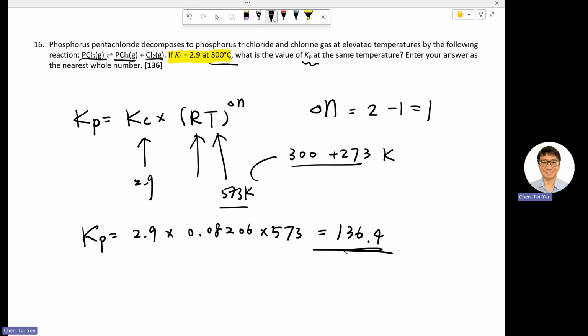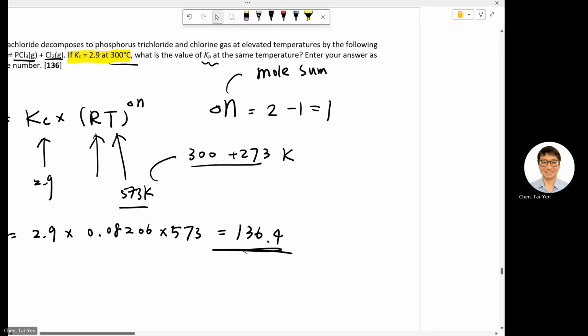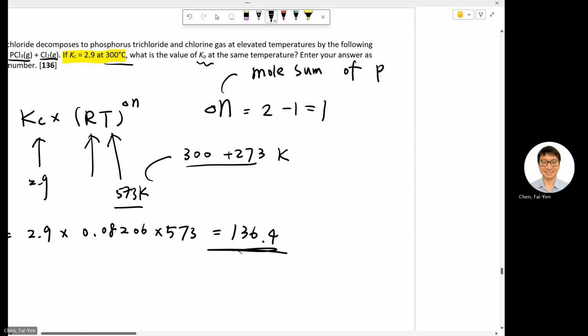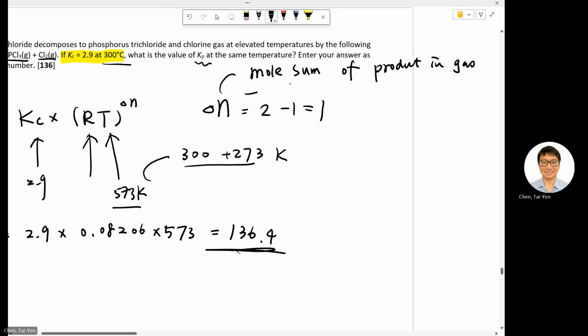So the delta N is computed by the mole sum of your products in the gas phase minus that of the reactant part.